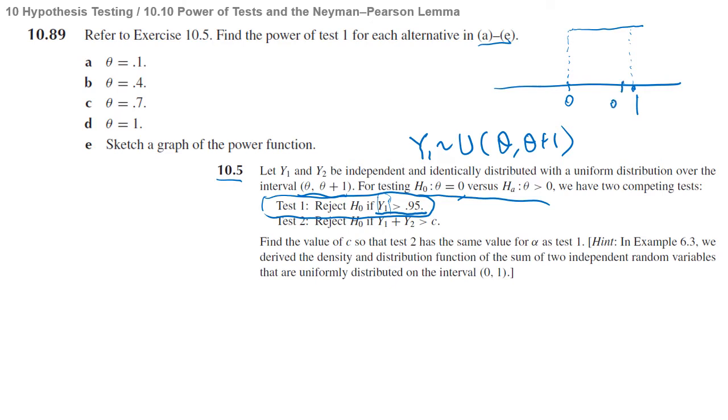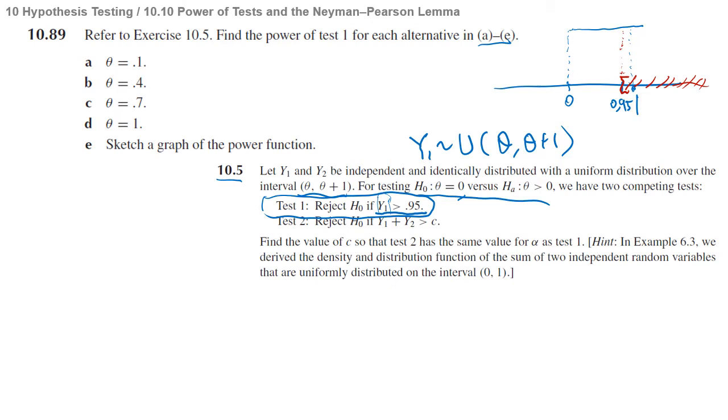So here is 0.95, and the rejection region is here. Okay, and what is alpha?